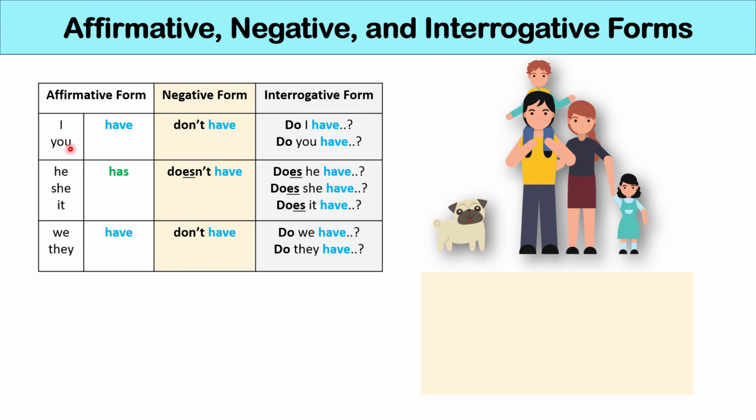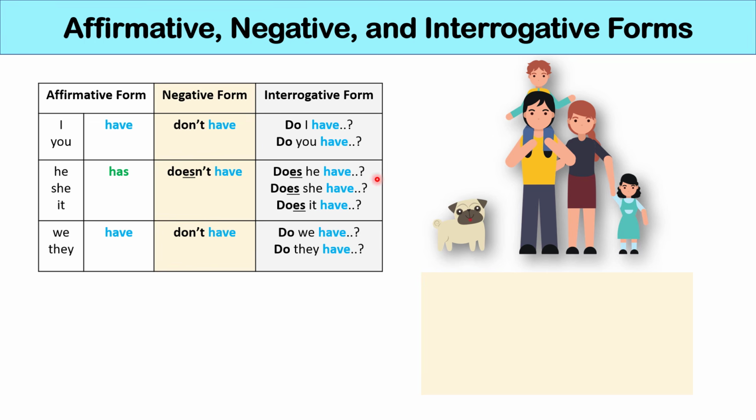In the affirmative form, he has, she has, it has. And in the negative form, he doesn't have, she doesn't have. We don't say he doesn't has because doesn't is already conjugated and have stays the same.